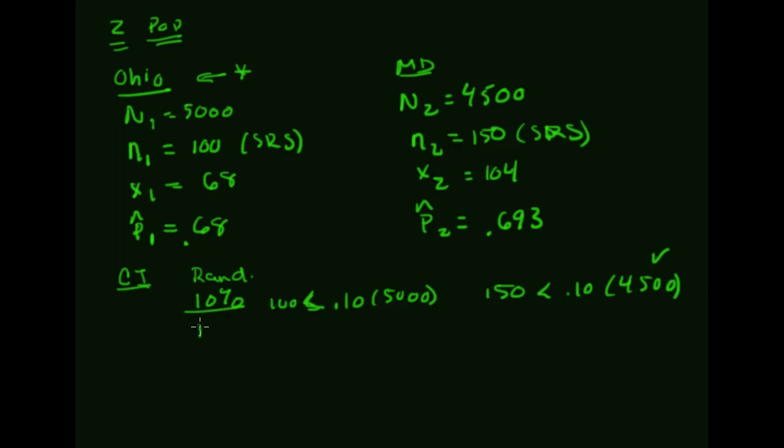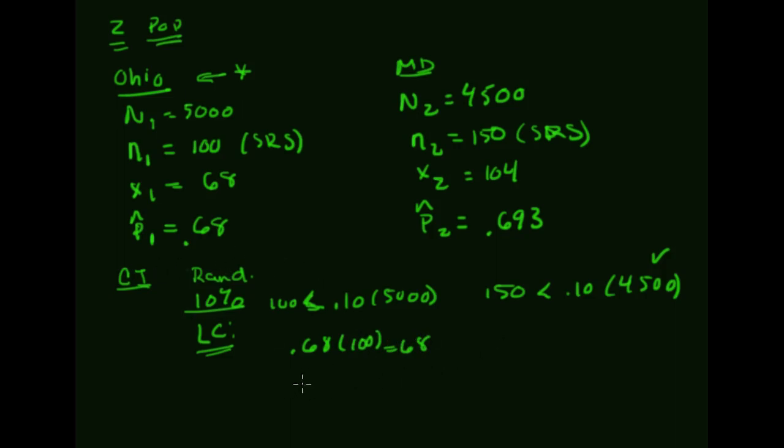And then we want to check large counts, and you have to deal with large counts in four different ways. You take the large counts for p hat 1 and n1, so that's 0.68 times 100, which is 68, clearly larger than 10.